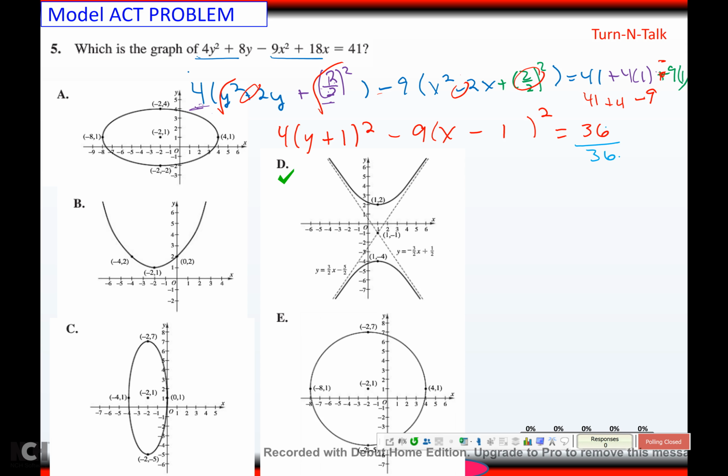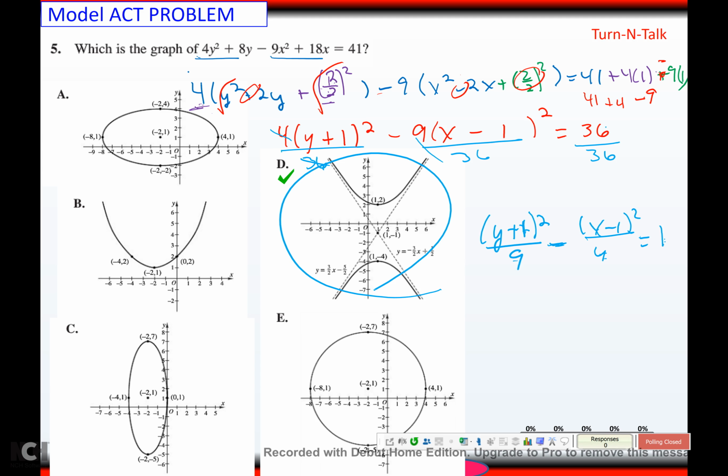So if I divide by 36, by 36, by 36, I get (y plus 1) squared over 9, because 4 goes into 36 9 times, minus (x minus 1) squared over 4, because 9 goes into 36 4 times, equals 1. Well, if this is a minus and you get 1 and these are different, then that means you have a hyperbola, and the only hyperbola in the bunch is D.